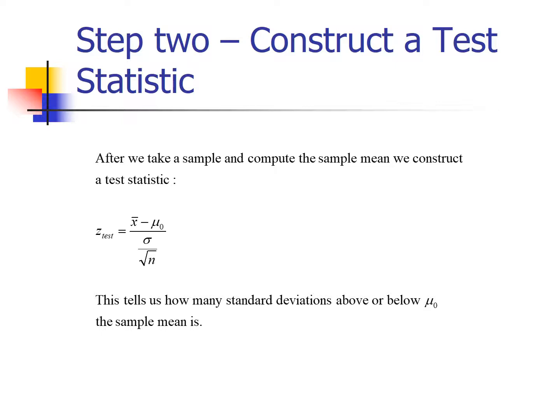But by dividing it by that sigma over square root of n, it's saying how far it is in units of standard deviations. Now remember, Z is always the standard score. It's always the number of standard deviations something is above or below a mean. In this case, it's how many standard deviations our sample mean is above or below our hypothesized mean.